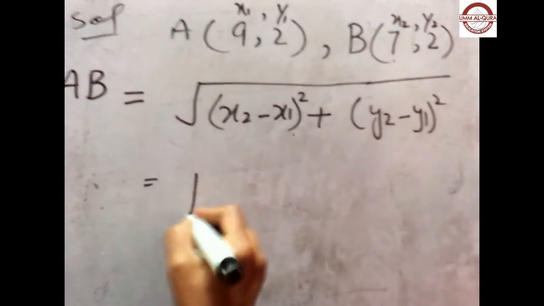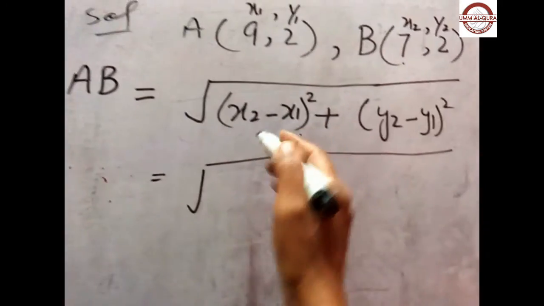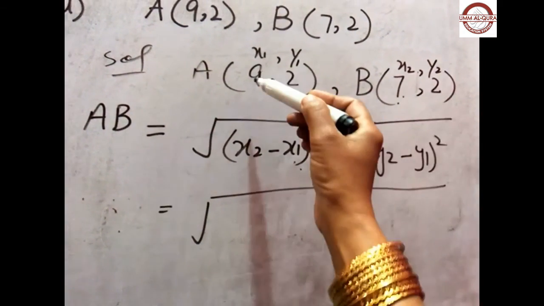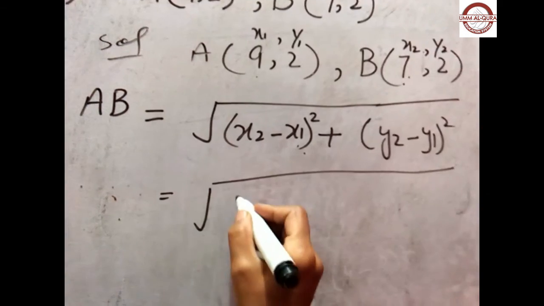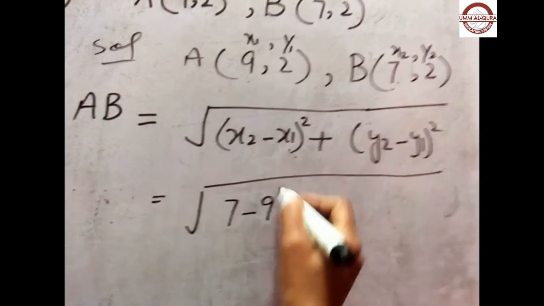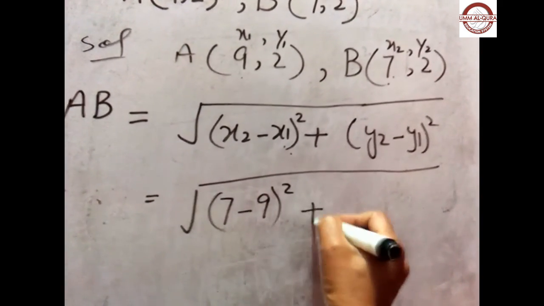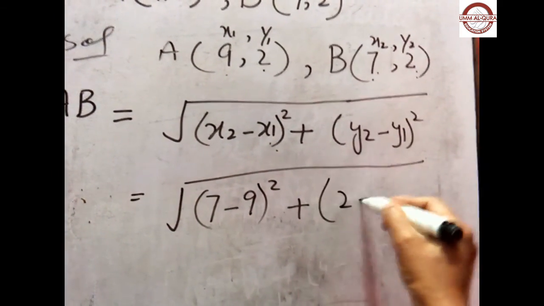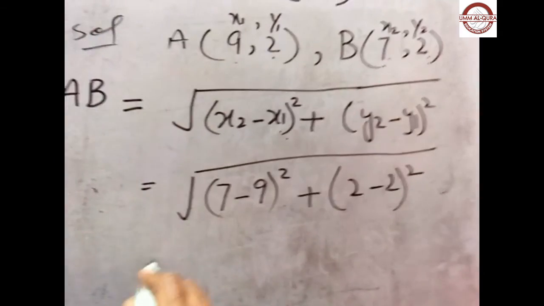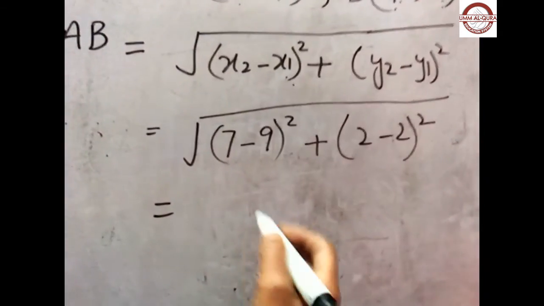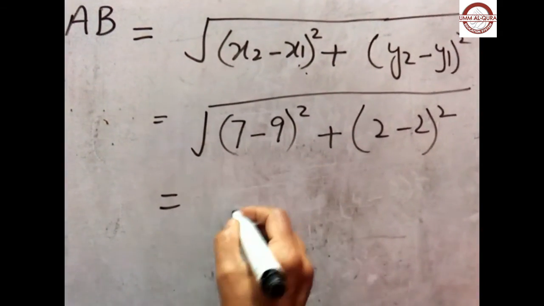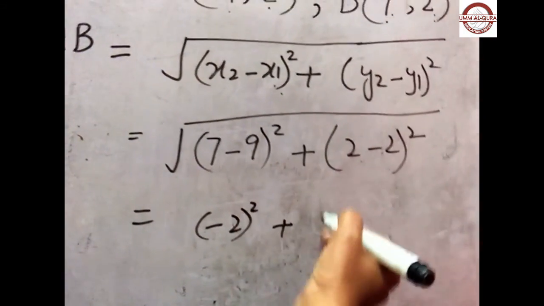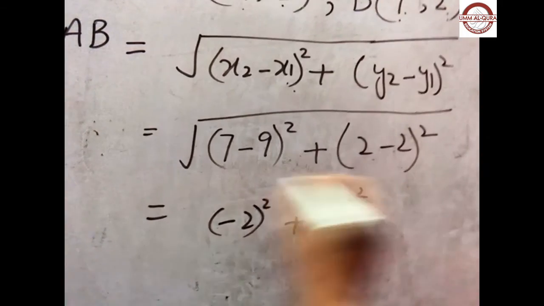Now we will put the values in this formula. x2 is 7 and x1 is 9, so we will write here 7 minus 9 whole square plus y2 minus y1, meaning 2 minus 2 whole square. Now 7 minus 9, minus 2 whole square, plus 2 minus 2, 0 whole square.